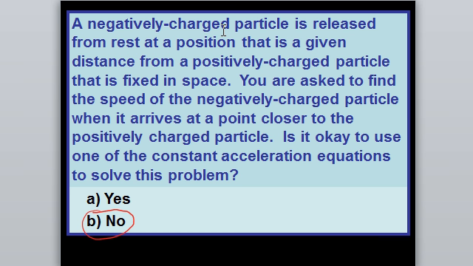And indeed, the potential energy for a negatively charged particle is its charge, a negative value, times the electric potential at the point in space where it is, which will be a positive value because the fixed positive test charge produces an electric potential that's kq over r. So the potential energy is negative, and because of that r in the denominator, the closer the negatively charged particle is to the positively charged particle, the more negative it is.